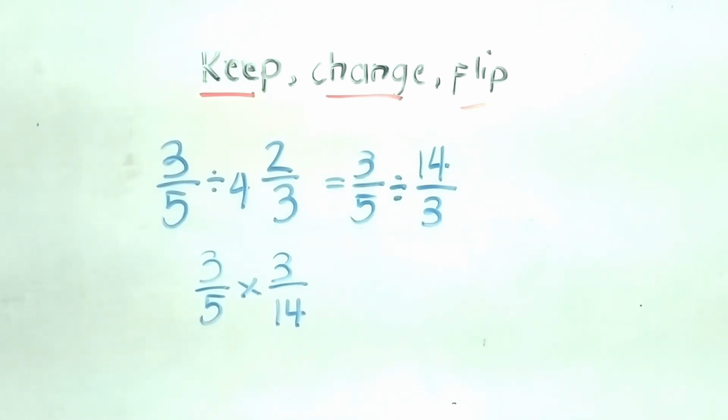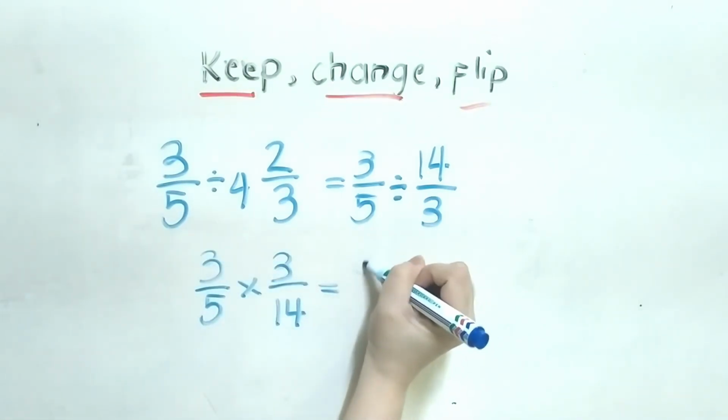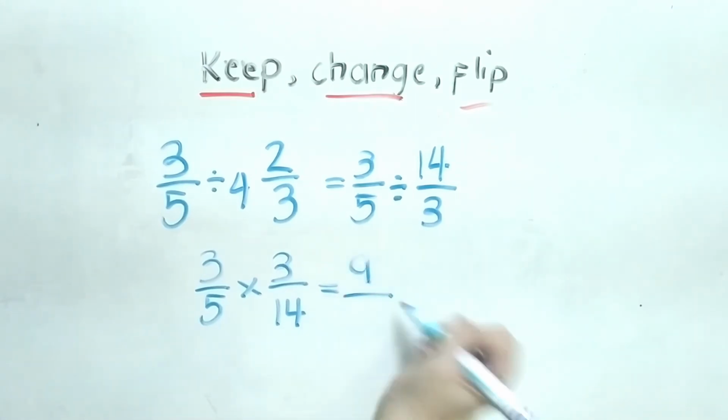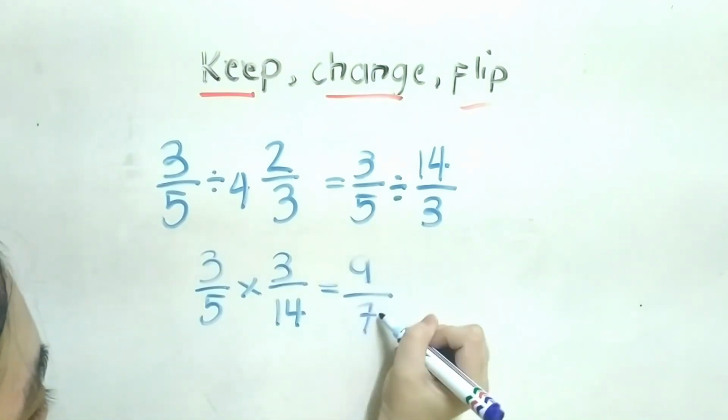So, pansinin natin, ang 3 at 14 ba may common factor? Wala. Ang 5 at 3 ba may common factor? Wala. So, gagawin natin, 3 times 3 is 9. And then, 5 multiplied by 14 is equal to 70.